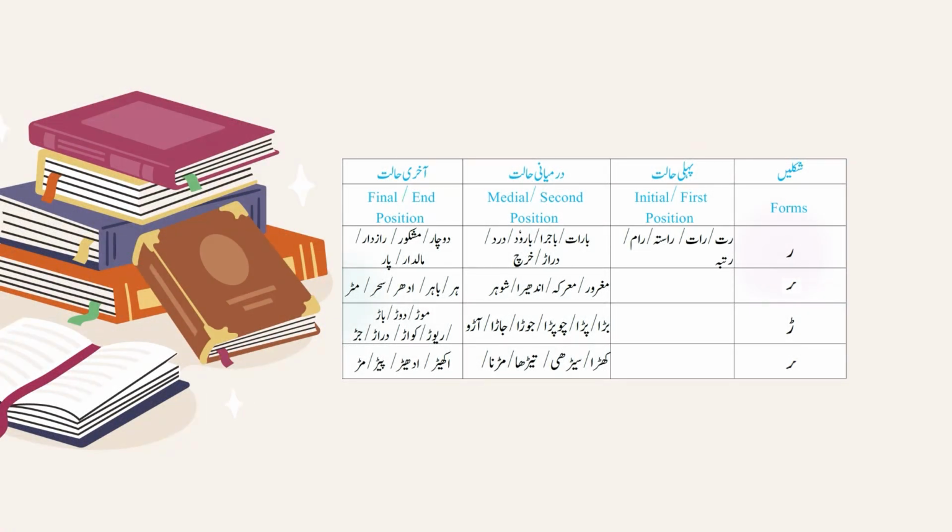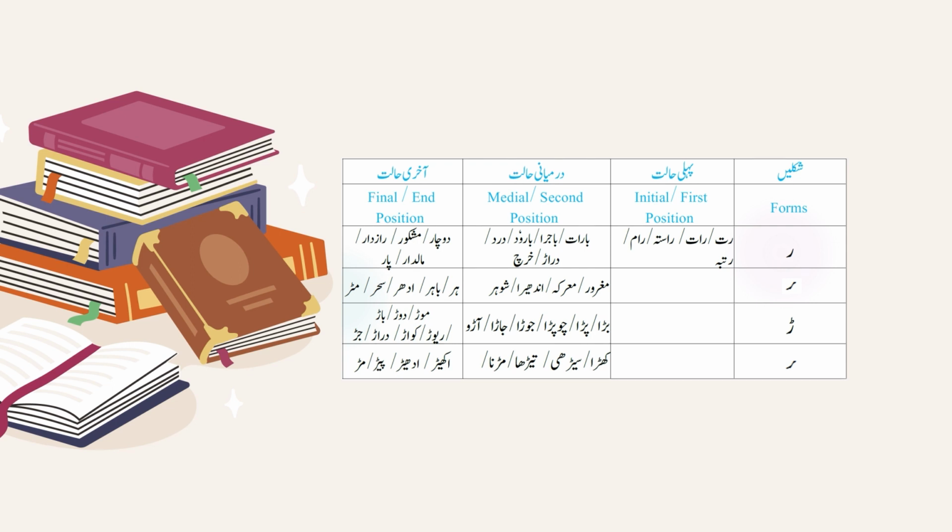Okay, we have bahar, ra at the end with changed shape with short form, idhar with short form, sahar, matar, ra at the end with short form. So you can see we have three columns here, and in each column we have two forms, one full form and one short form.